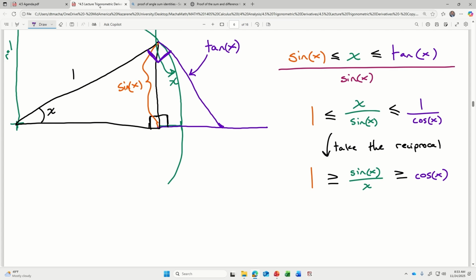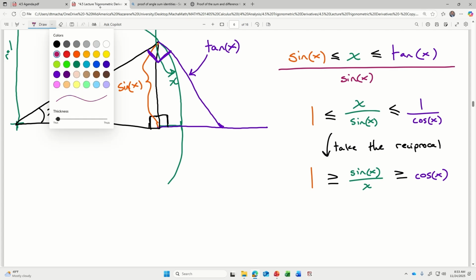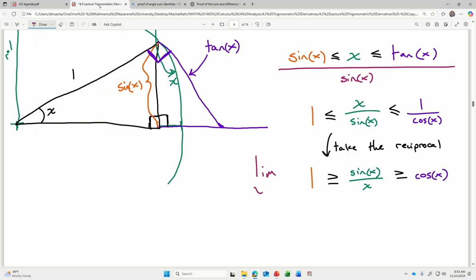And then the last thing is we take the limit. So if I were to take the limit as x approaches 0 of all of these things, well, the limit of 1 as x approaches 0 is 1. What's the limit of cosine of x as x approaches 0?